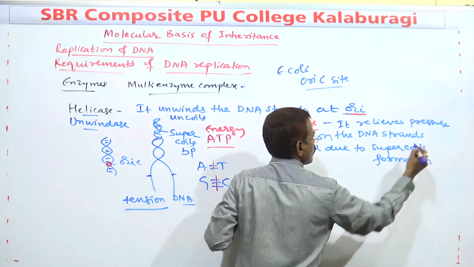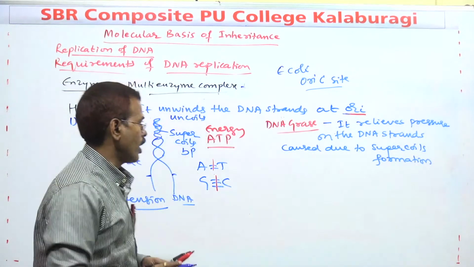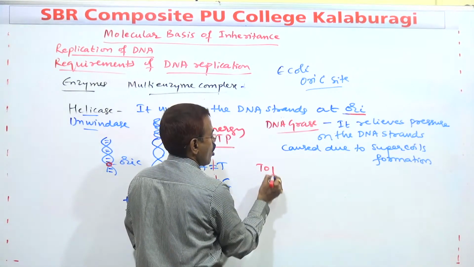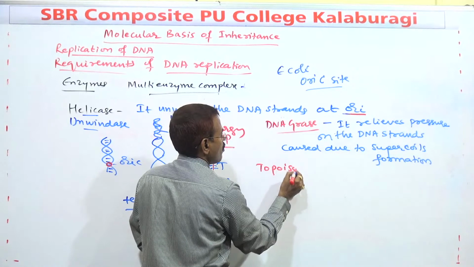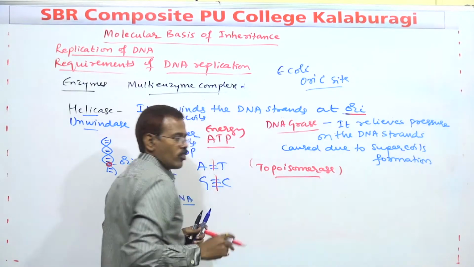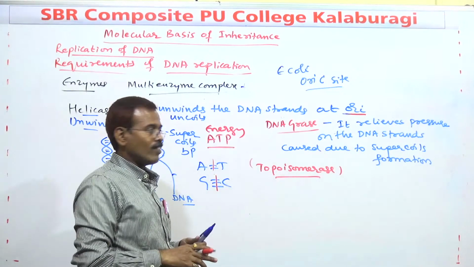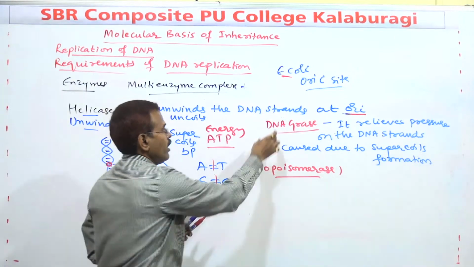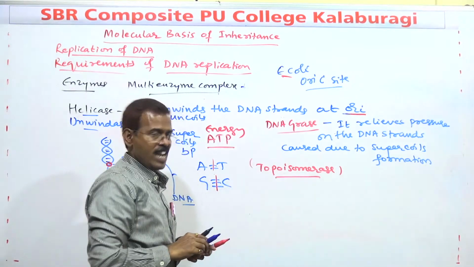Gyrase is a type of topoisomerase enzyme. In eukaryotes we say topoisomerase; in E. coli, a prokaryote, DNA gyrase. So it is equivalent to topoisomerase.